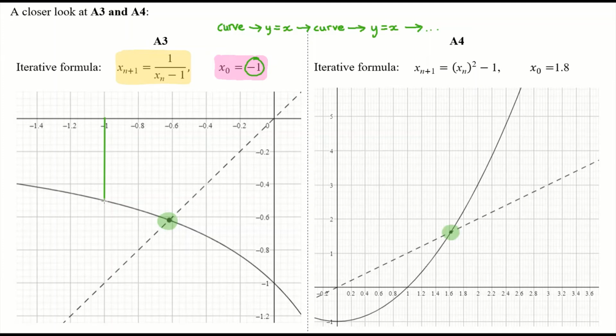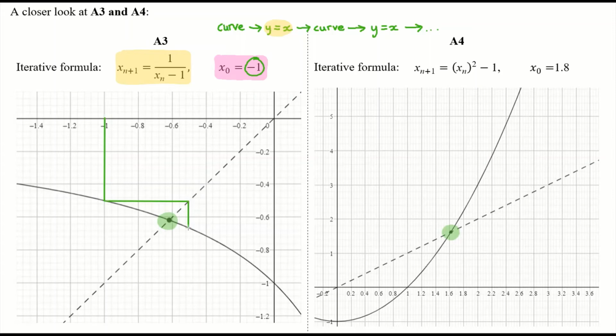I now have to take my line to y equals x as stipulated right here. So I go to y equals x now. So I'll keep the same color. So from the curve, from that point, I go to the line y equals x, which is the dotted line. Okay, now the process states that I now have to go back to the curve. Now the curve is directly below, so I'm going to go down.